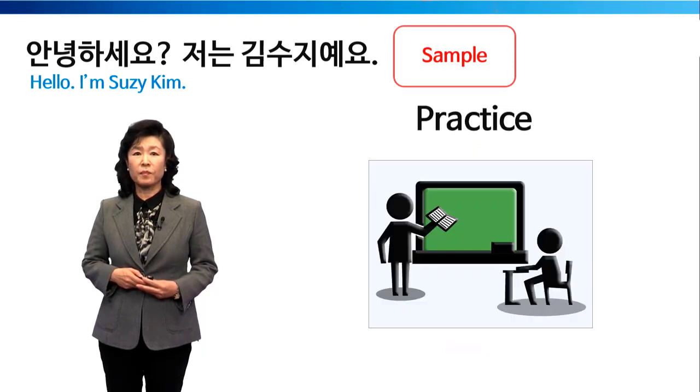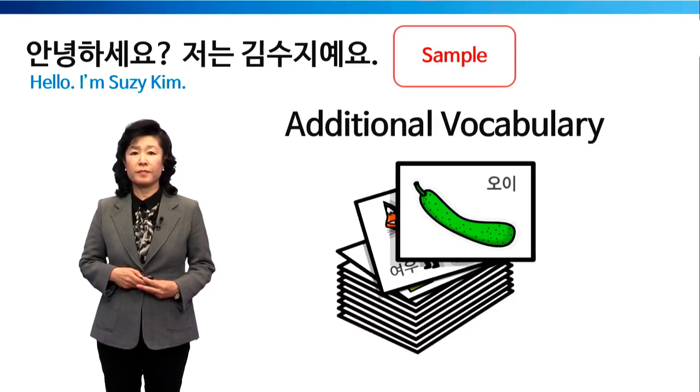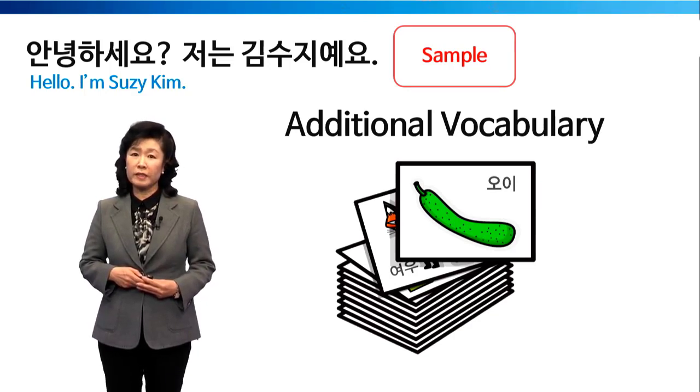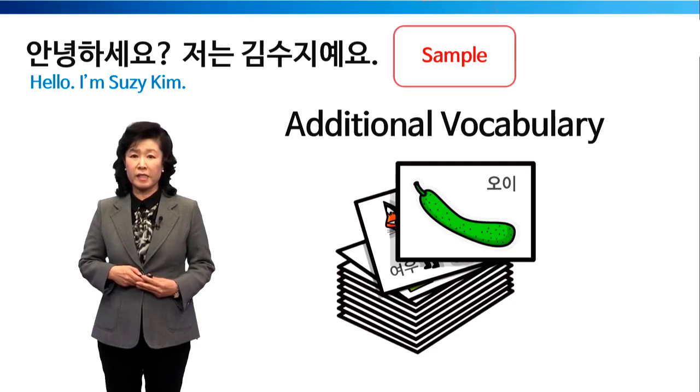And using more vocabulary, practice the sentences. You will mostly practice making sentences by substituting words that you learn in the unit. We will also provide additional vocabulary for you to practice on your own. After studying each unit, a quiz will be given to test your abilities and to review the contents.